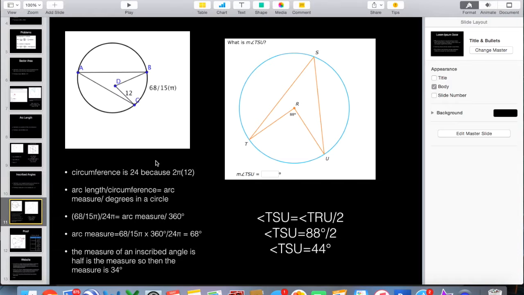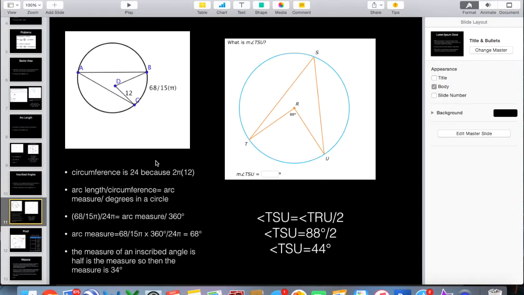So the formula here is arc length divided by circumference equals arc measure divided by degrees in a circle. So we plug in the numbers, which would be 68 over 15 pi over 24 pi equals arc measure divided by 360 degrees.